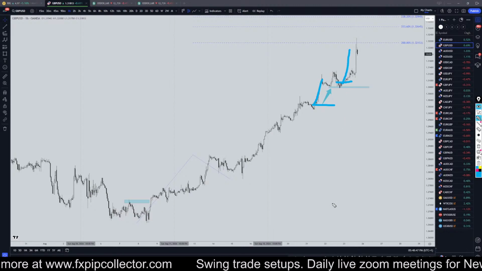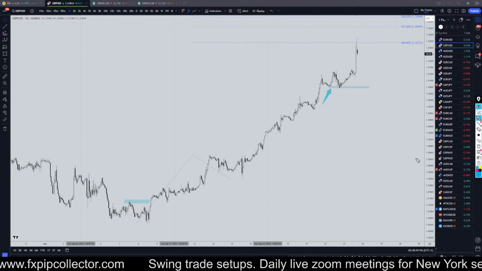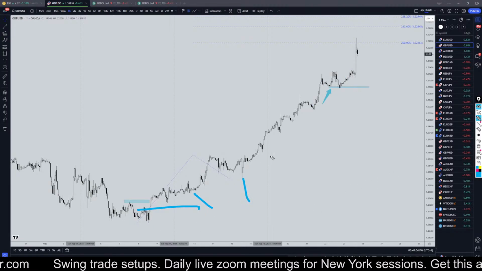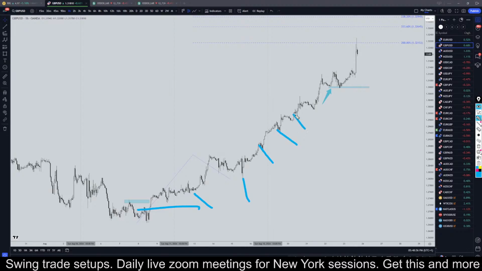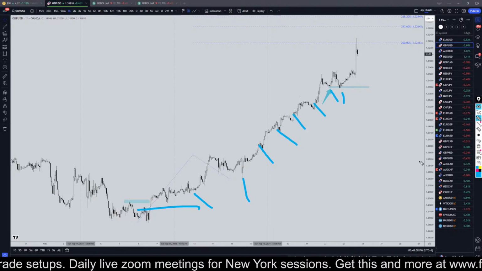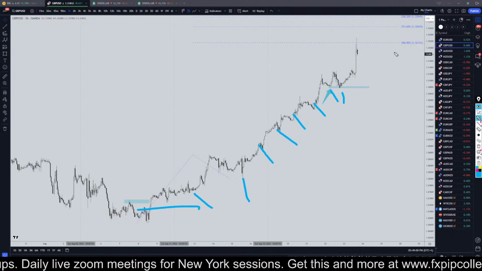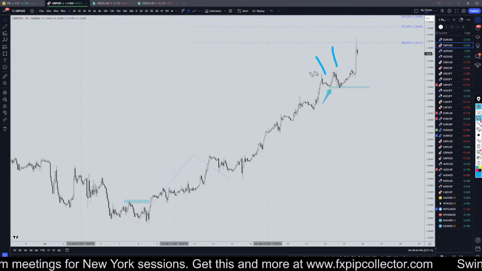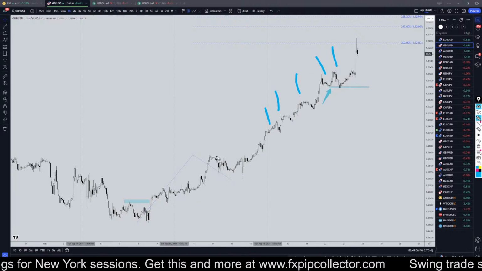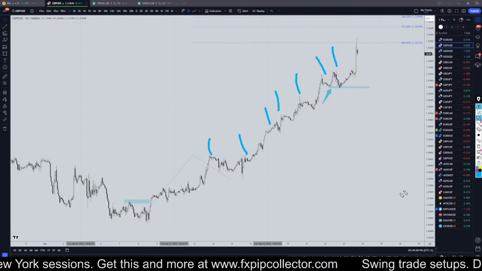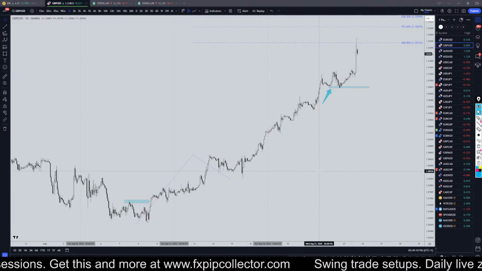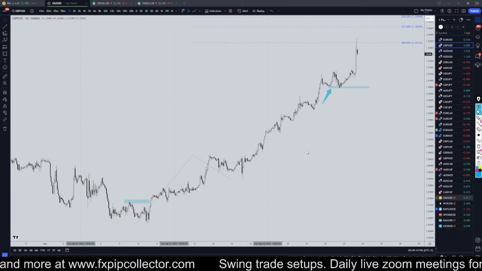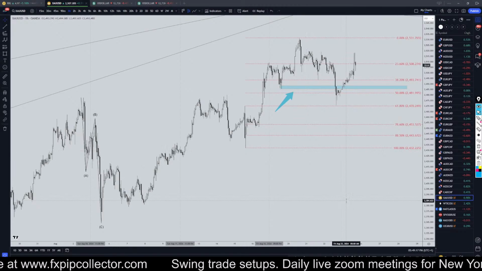Imagine how much money you would have made if you went long here, and then went long again there, and long again here, long, long, long, and you were just holding all these longs. And while everybody else was trying to go short here, short, short, short, you would be laughing at all those people. Like, man, you guys are such fools. The trend is your friend.